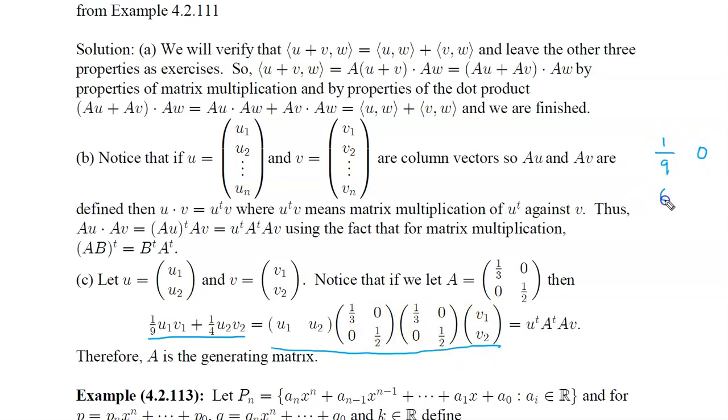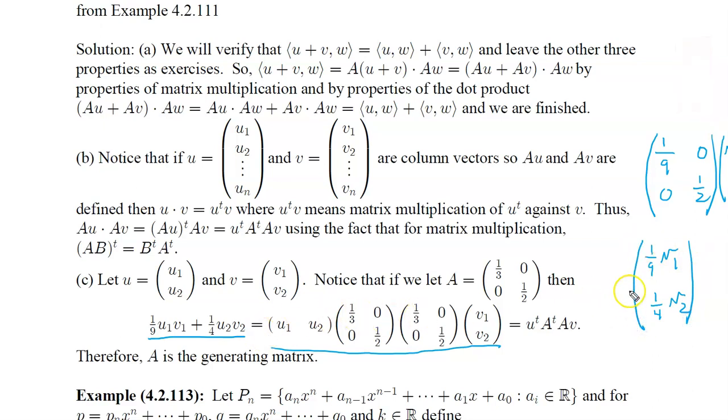0, 0, 1/4. And if we multiply that by v1, v2, like this, we are going to get back the vector 1/9 v1, 1/4 v2.